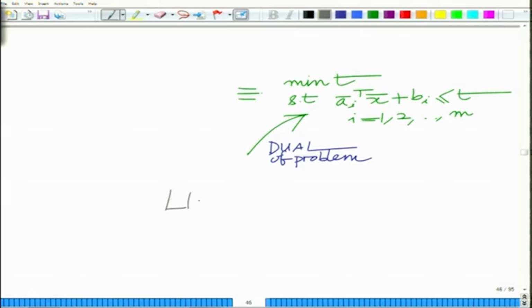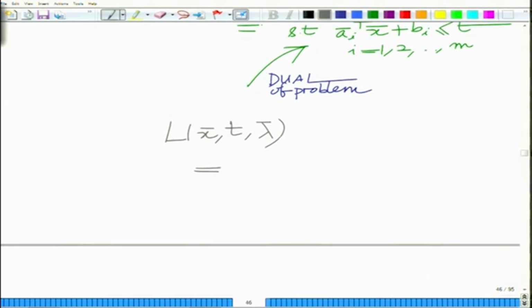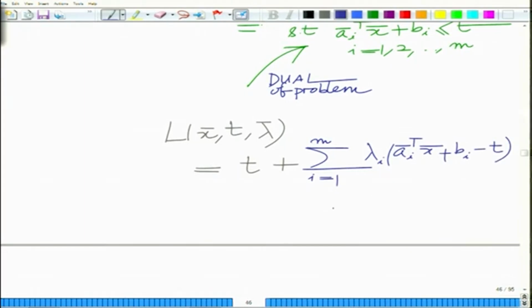First, you form the Lagrangian L of x bar, t, and, since we have inequality constraints, lambda bar, which is the objective t plus summation i equals 1 to m, one Lagrange multiplier for each constraint, that is lambda i into ai bar transpose x bar plus bi minus t.